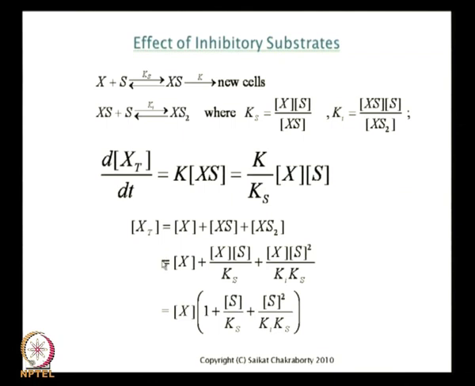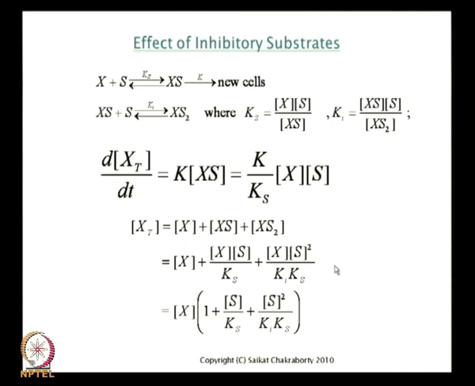So dXt/dt is not 0, but what we do over here is that for this substrate inhibition reaction, we again assume to have attained equilibrium. As a result we can write Ki as XS times S divided by XS2. Clear? Then XS again we can write from this equation as X times S over Ks.